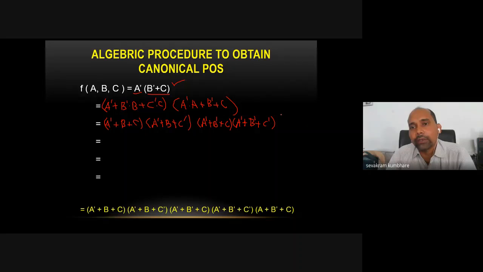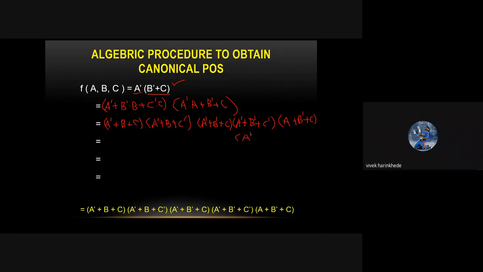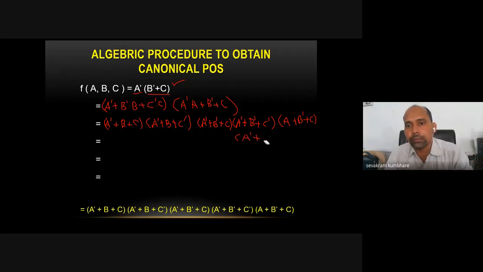So what I will get? A bar plus B bar plus C. This is one, and second one is A bar plus B bar plus C. Now what I have to do?